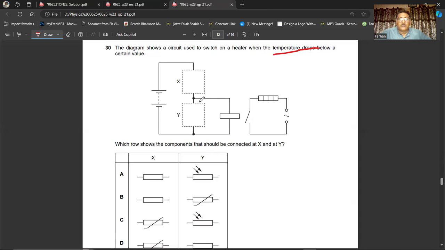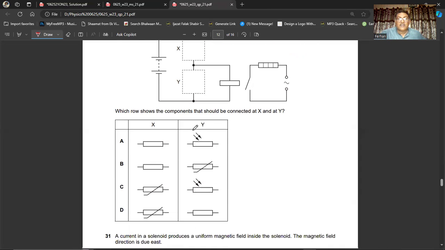So how can the voltage here be increased on the drop of temperature? Here we should have a fixed resistor, and here we should have a thermistor. Okay, thermistor. So I think B is the choice.